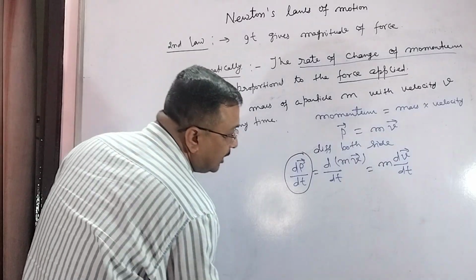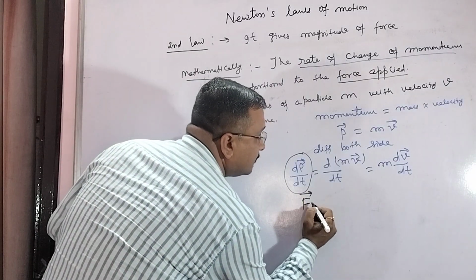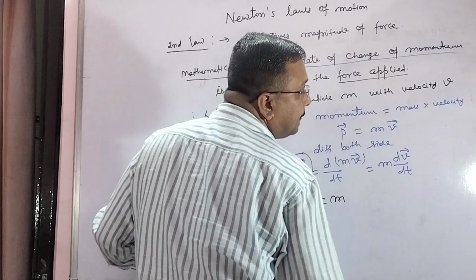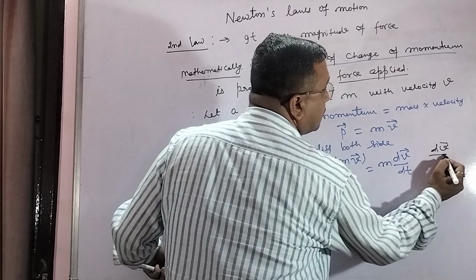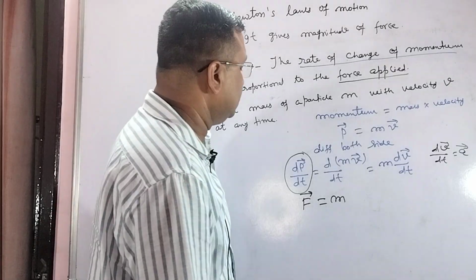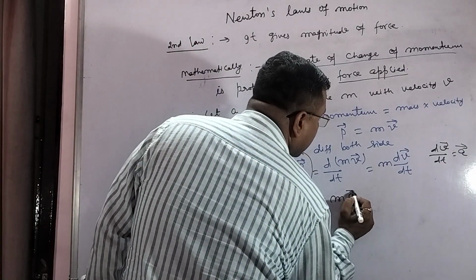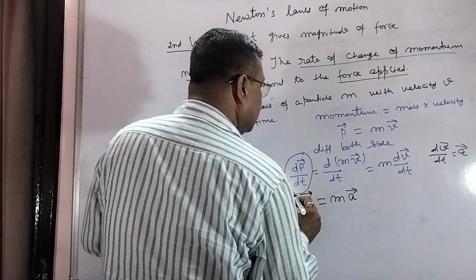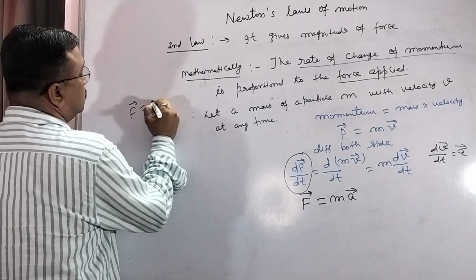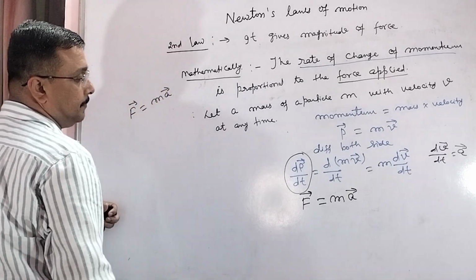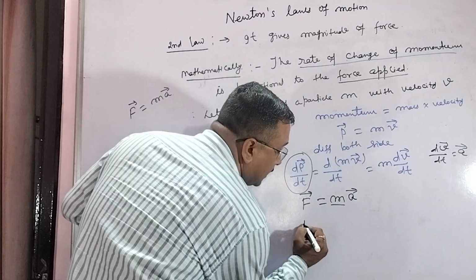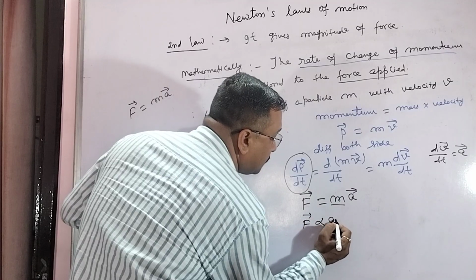So the force is termed as F equals m into dv by dt, and dv by dt equals a, since the rate of change of velocity is the acceleration. So F equals m into a. This is the equation we were trying to find. Now m is constant, so we can say F is directly proportional to a.